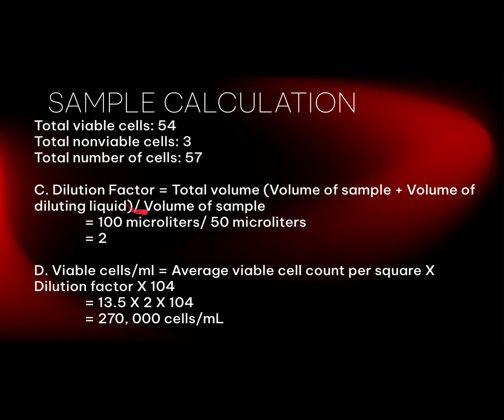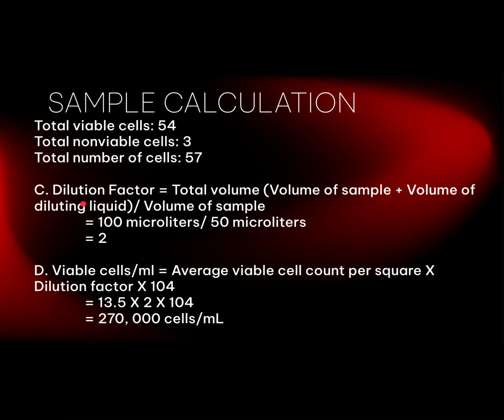Next, the dilution factor. The dilution factor is not always constant, because it will differ depending on what we are trying to identify. But let's say, for example, we are trying to identify WBC count. We are going to use the volume of sample, which is 50, and the volume of diluting fluid, which is also 50.